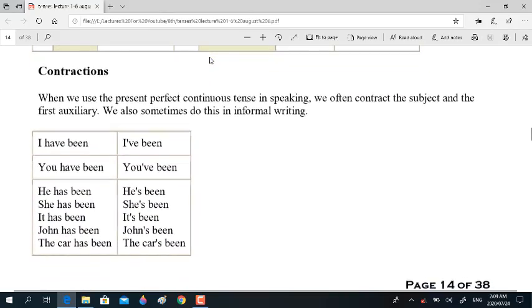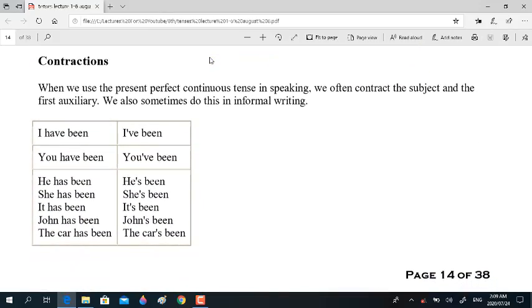Same as we have done in the present perfect tense, here we can also go for contractions, especially in speaking. We often contract the subject and the first auxiliary. We also sometimes do this in informal writing.